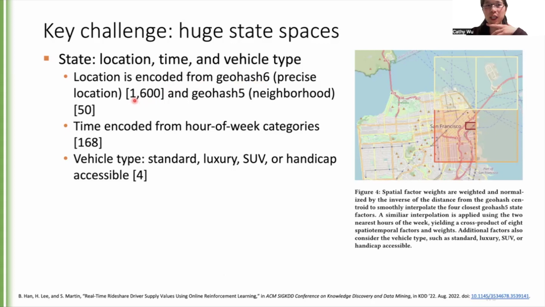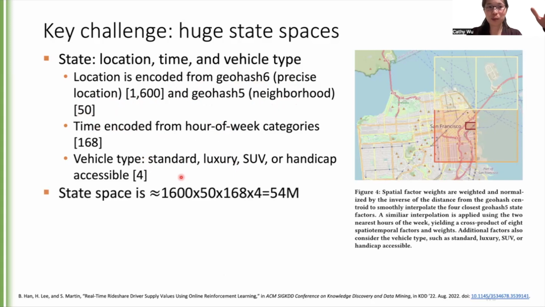There are some 1,600 different options for the precise location, perhaps 50 options for less precise information. So they're getting information about the precise as well as neighborhood level location of the driver. They're also going to encode time in terms of hour of the week and not the exact millisecond, as well as some vehicle type. So this is already a really, really large combination.